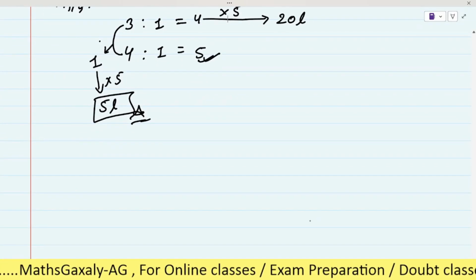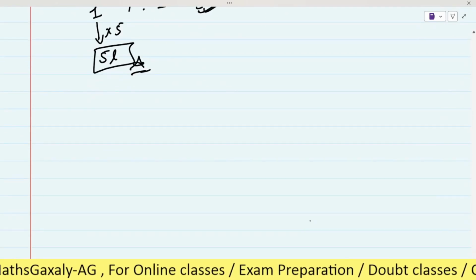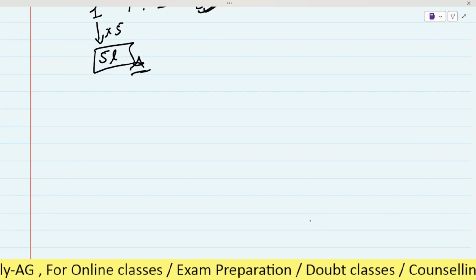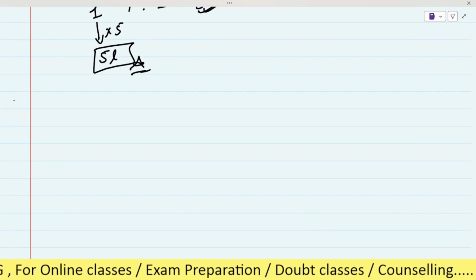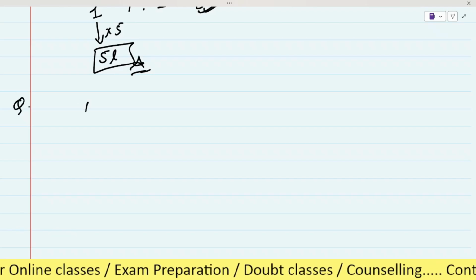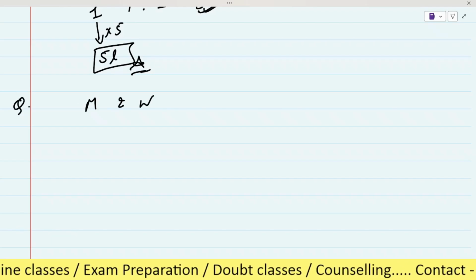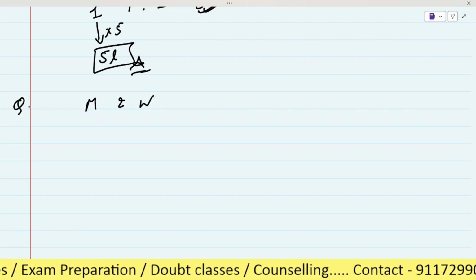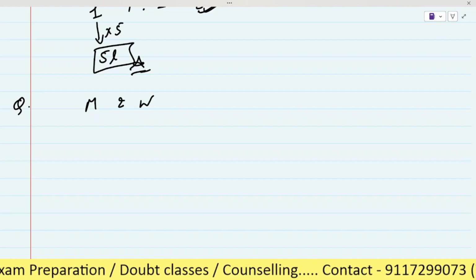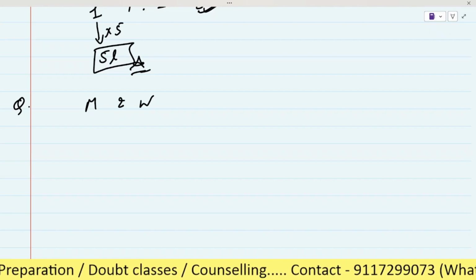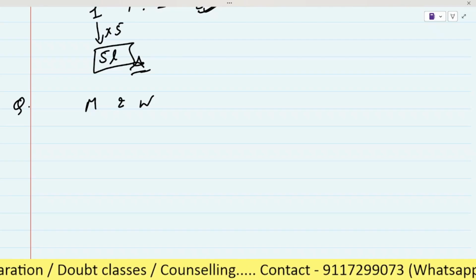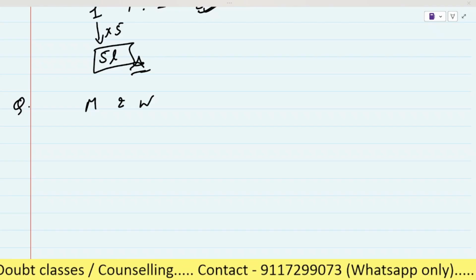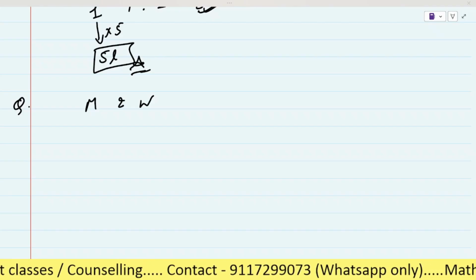Okay, but there is a small difference. A mixture contains milk and water in the ratio 5 is to 1.